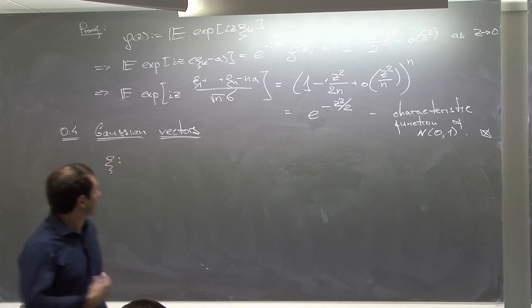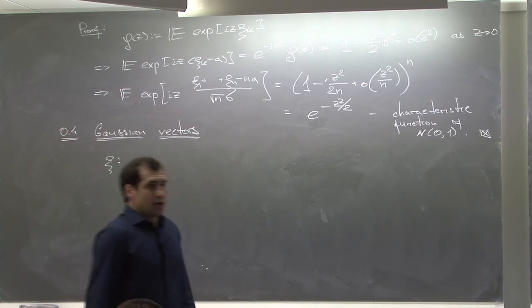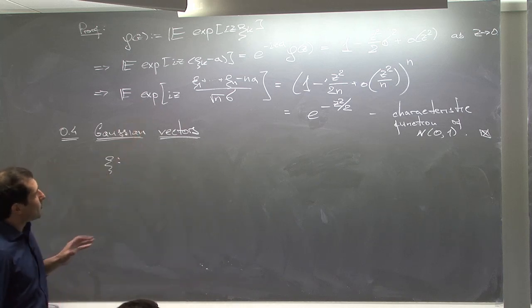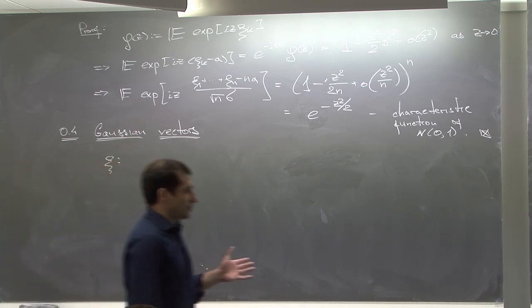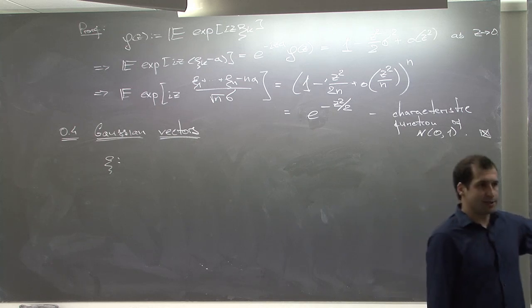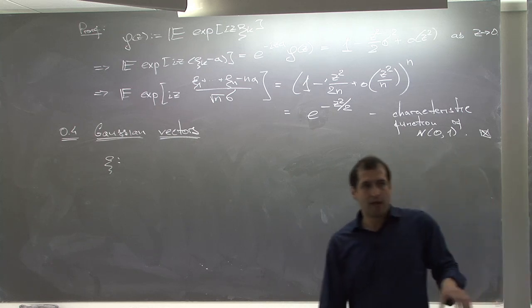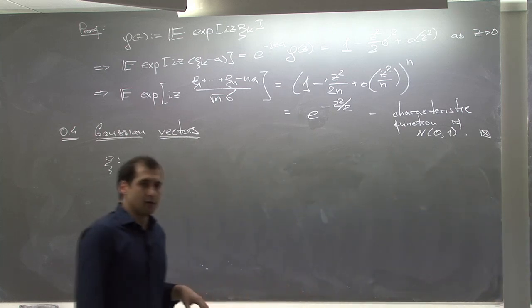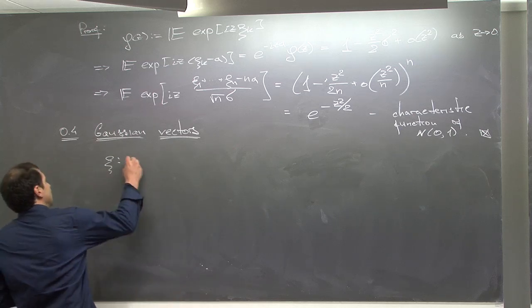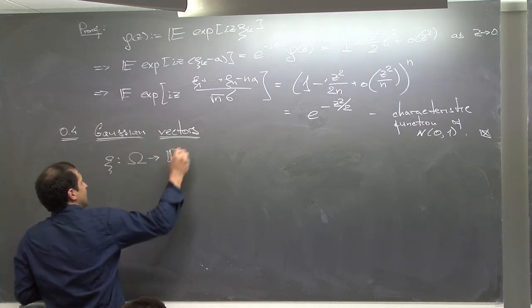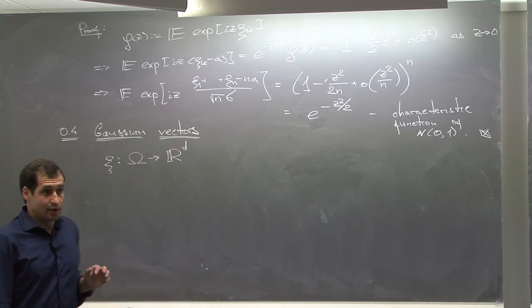So what is a Gaussian vector? This is, in a sense, an intermediate step between random variables, real valued or maybe complex valued, and random functions. Those are random objects in some finite dimensional space, say R^d.